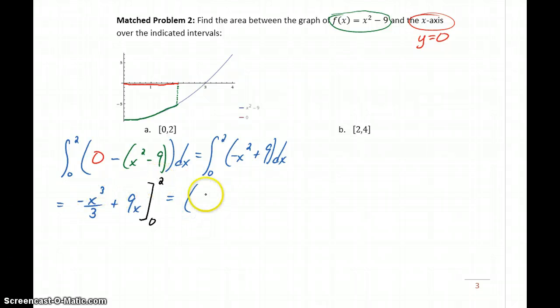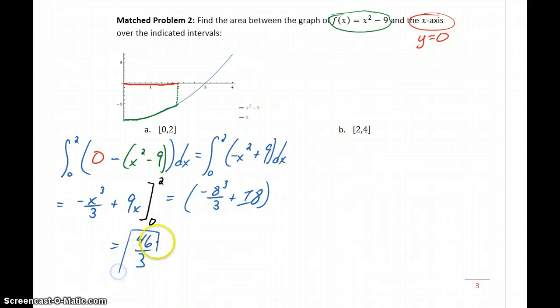So evaluating this at 2, we'll get negative 8 cubed over 3 plus 18, and then evaluating that at 0 is going to be 0. So we just need to evaluate negative 8 cubed over 3 plus 18, which in this case will give us 46/3.